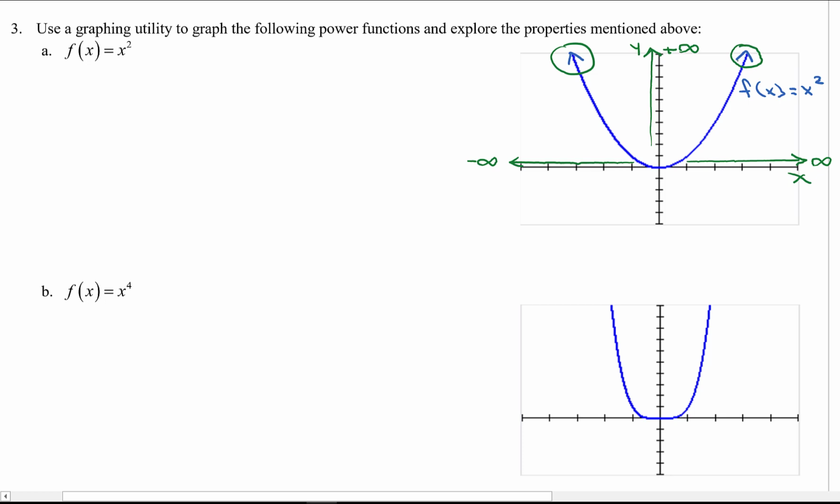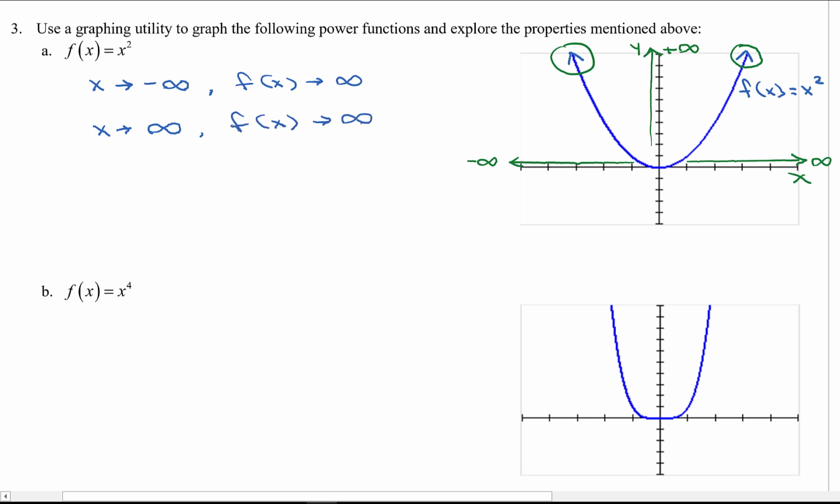So this is representative of what we were just talking about. This is basically saying: as x approaches negative infinity, f of x approaches positive infinity. And as x approaches positive infinity, f of x approaches positive infinity.